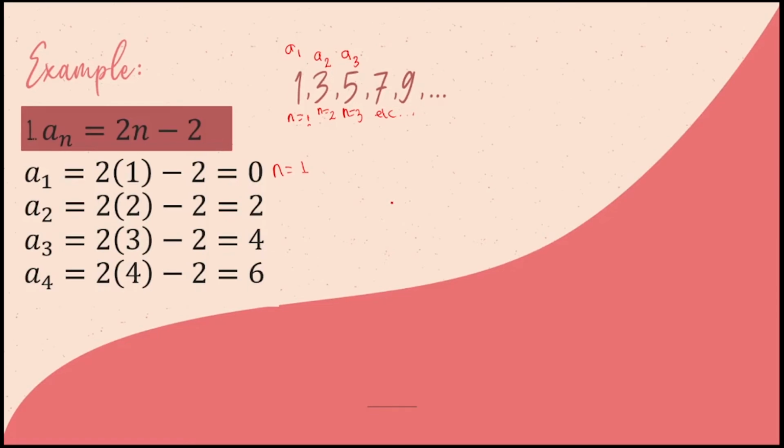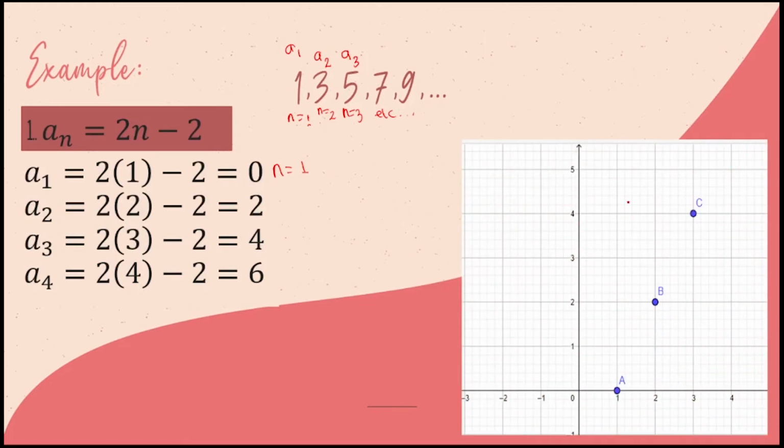Now, I want to show you, say we go ahead and plot these points like this. First is 1, 0, and B is 2, 2, and C is 3, 4, and D is in this.